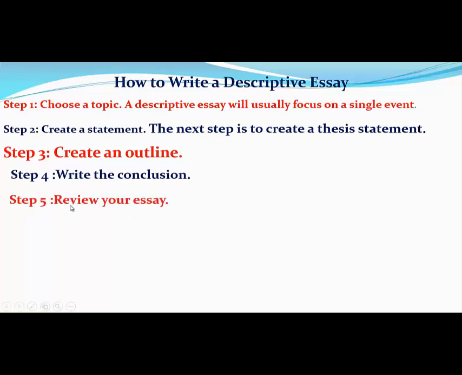Step number 5 is to review your essay, or to examine it. It's to read it again and again in order to make it better. Step number 6, it's to finish your essay and to finish it up.